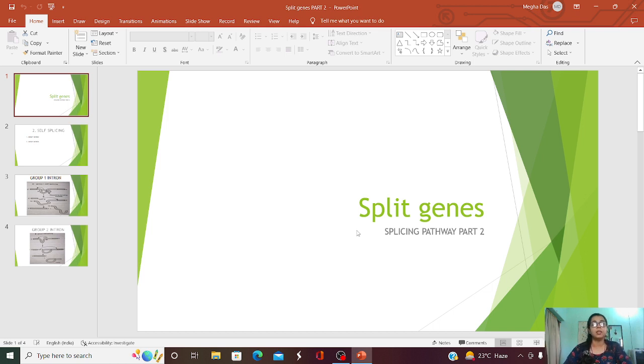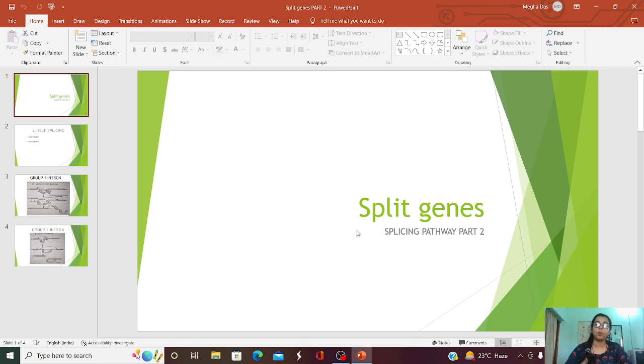As we have seen in the spliceosomal pathway, special snRNPs and special proteins were required for the splicing. But in the self-splicing case, the splicing takes place by itself only. It does not require the help of any other protein. That's why it is called the self-splicing pathway.